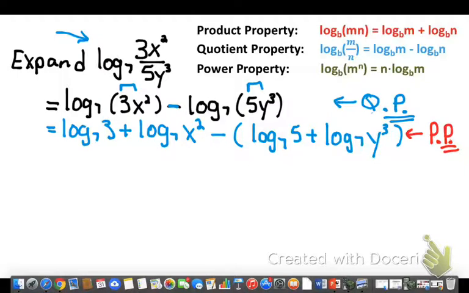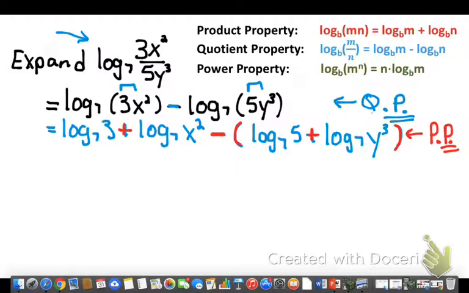So because it was our product property, you can see that we used addition. However, we had this minus sign, so the entire quantity is subtracted. So it was really important that we remembered to put in our parentheses, so that negative is going to be distributed in.